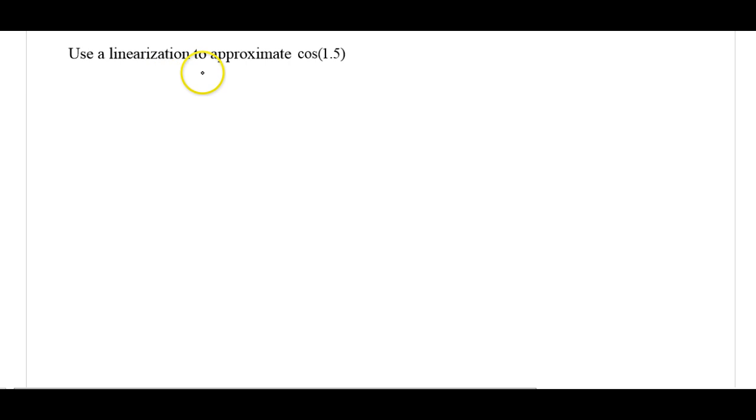With these linearization problems, I need to find the function, and hopefully we can see that the function itself would be cosine x that we're trying to approximate at the value 1.5. But the a value that I need to choose is one that I can easily substitute into the function cosine x and get out a value. So a is not 1.5 here.